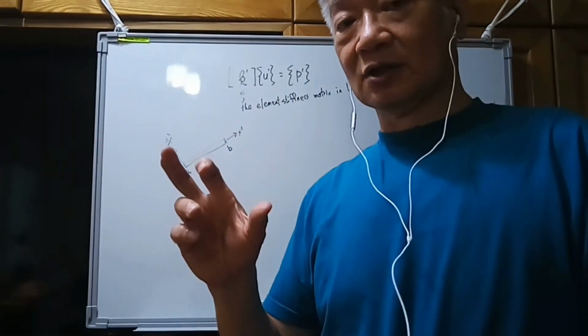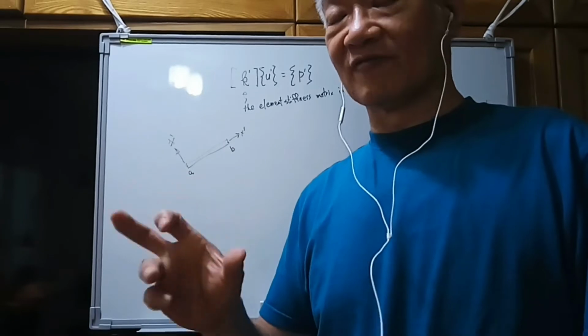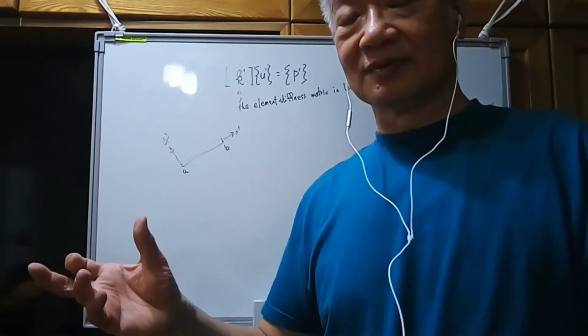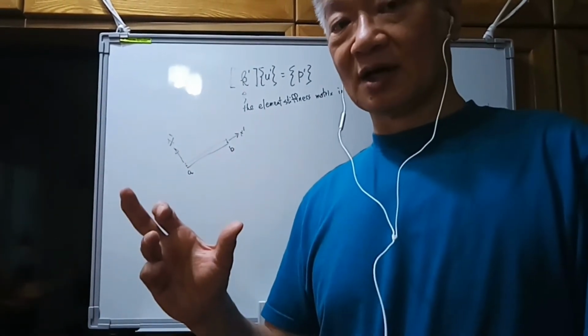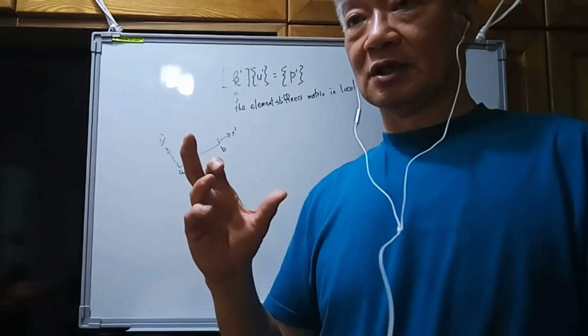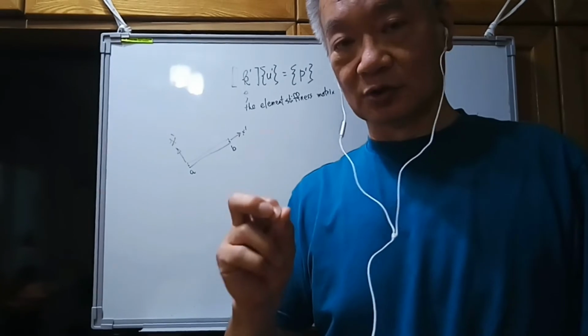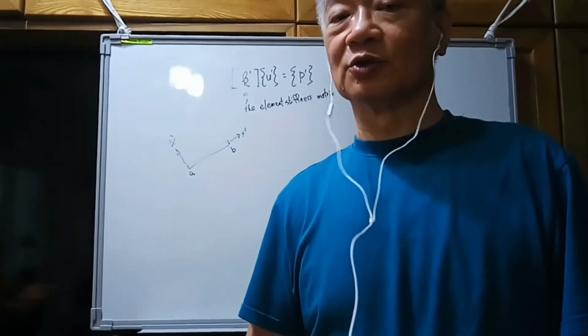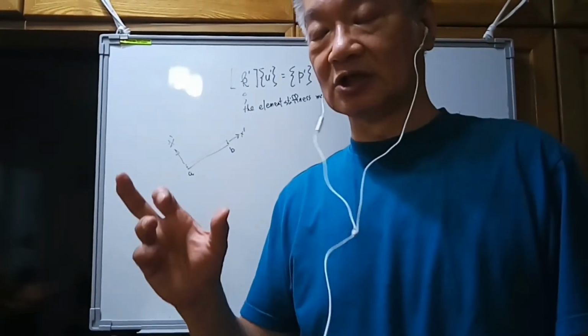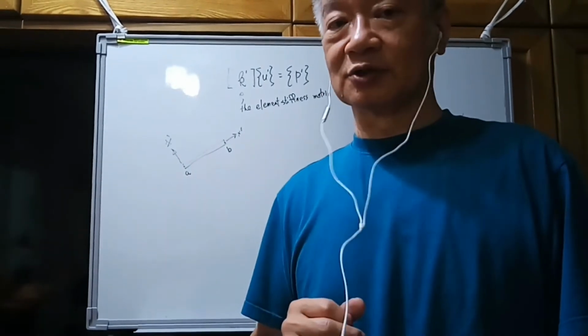But the local coordinate system is defined element by element. No matter which element we are considering, the local x prime will always be from the first nodal point to the second nodal point. Okay, that's the definition for the x prime direction.